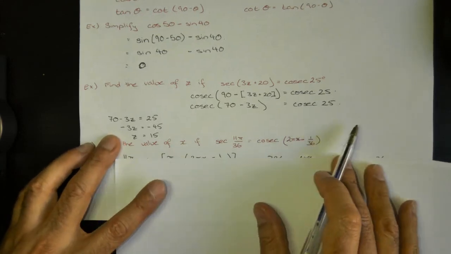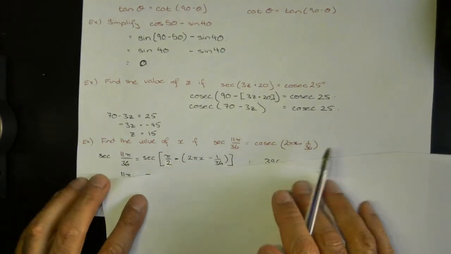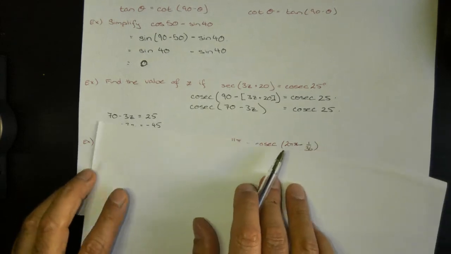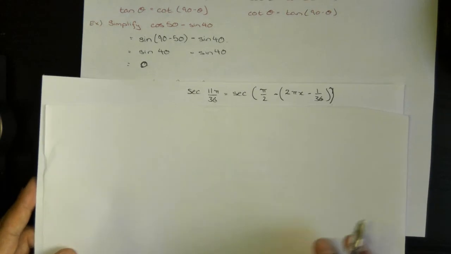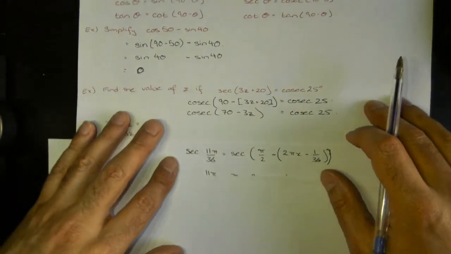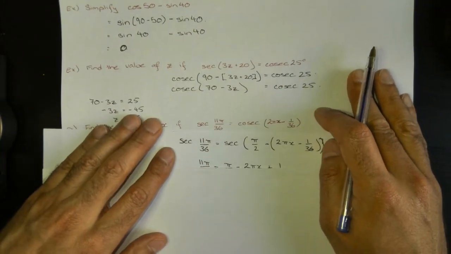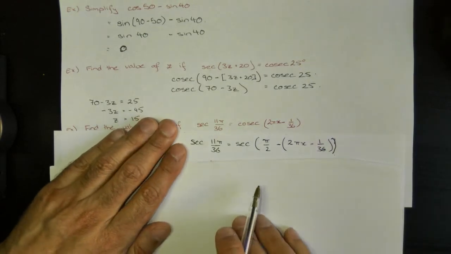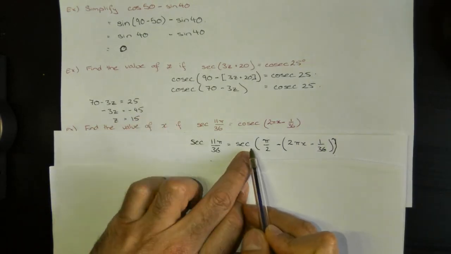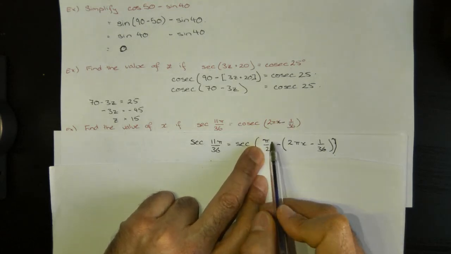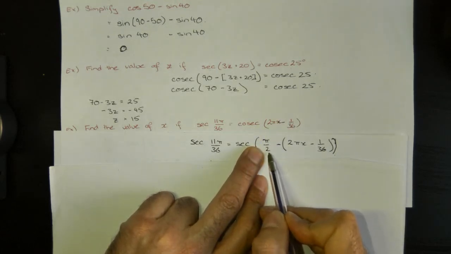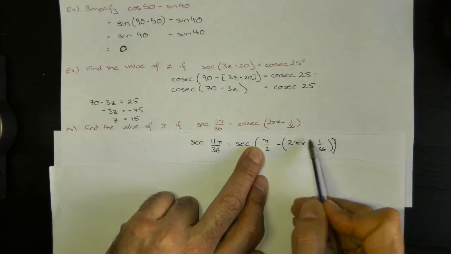That's the same as writing it as, maybe I'll do this one. Okay. That's the same as writing sec. Before we were writing 90 minus whatever that was. Well, 90 in radians is pi over 2. So we go pi over 2 minus whatever this is.